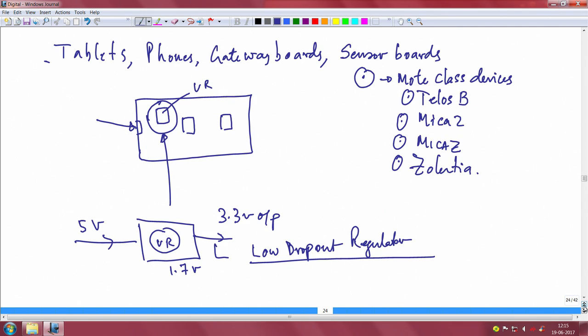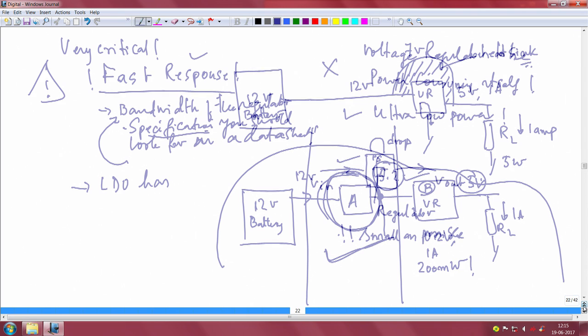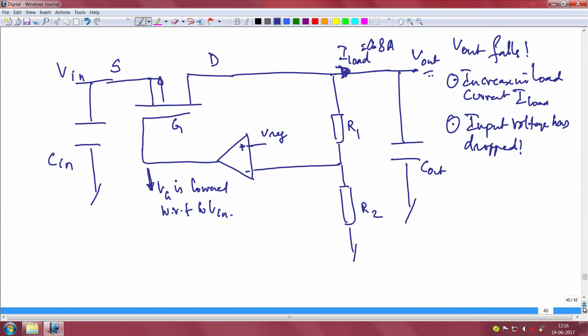The V out, I think this will be helpful. V out, go back to the operational amplifier basics, you will find is nothing but Vref times, oh maybe R1 by R2. Right.